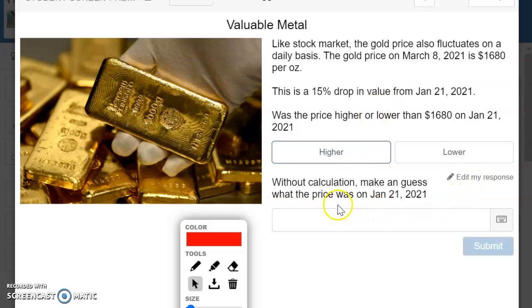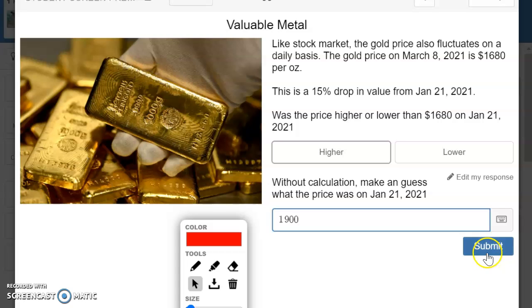Now, make a guess as to what the price was on January 21st. I know it was higher, and 15% of this is maybe about 200 more, so if I round this to 1700, maybe like 1900. That could be my guess.